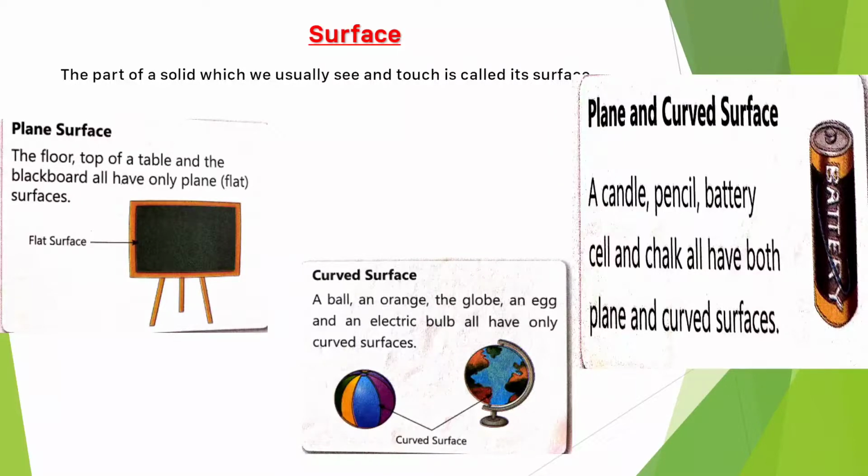A ball, an orange, the globe, an egg, an electric bulb all have only curved surface. The next one is the plane and curved surface. A candle, pencil, battery cell and chalk all have both plane and curved surface.